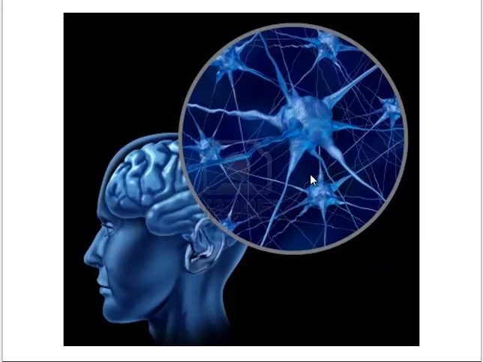Now remember that the nervous system's function depends on its ability to send signals from one neuron to the next, maybe from neurons in this part of the brain to neurons in this part of the brain, or maybe from neurons in this part of the brain all the way to muscle cells at the tips of your toes. And the process of sending signals from one neuron to the next is a little more complicated than you might think, and here's why.